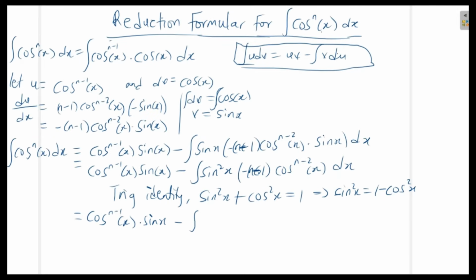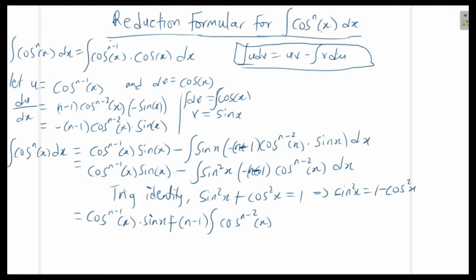So I'm pulling this constant n minus 1 out. It already has a negative in front, so if it comes out to meet this negative, we have a positive. So plus n minus 1, then the integral of cos n minus 2 of x.